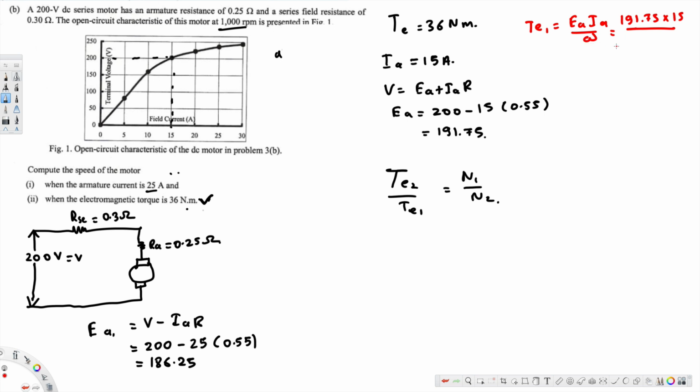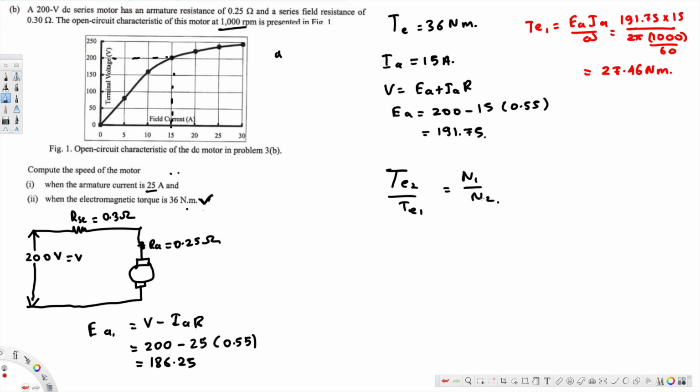Here we have the revolutions per minute already given, but we have to convert it into radians per second. To convert revolutions into radians, we multiply by 2π times 1000, and to convert minutes into seconds, we divide by 60. And that gives us 27.46 Newton meter.